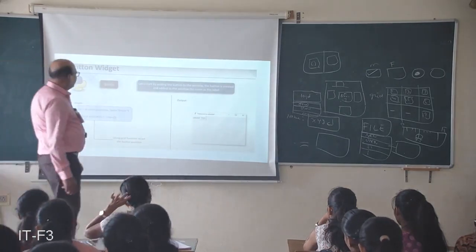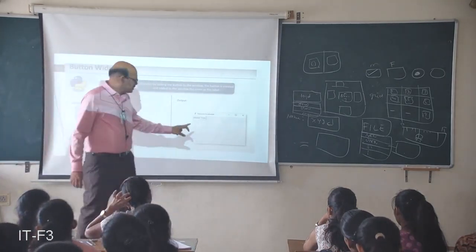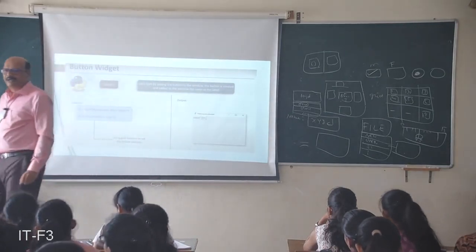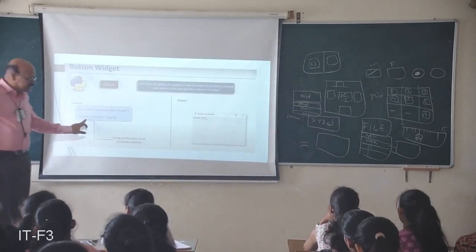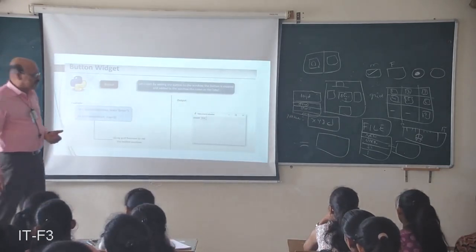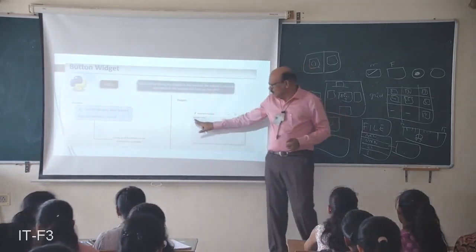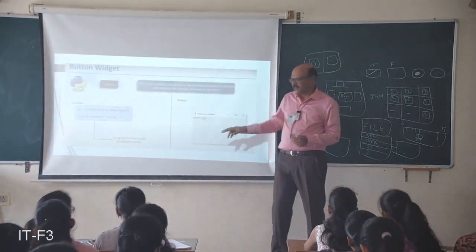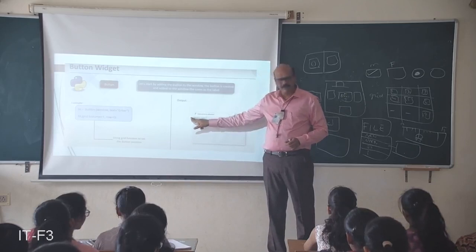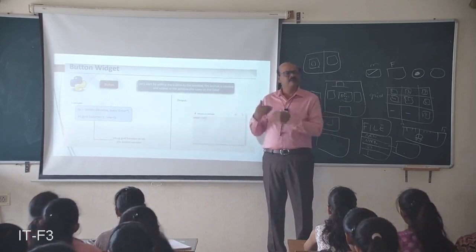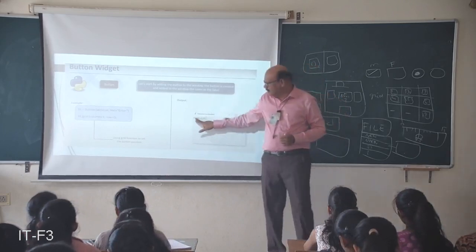Now after this, if you try to place first one label followed by a button, because you are using this grid layout manager, or geometry manager, how does it place the widgets? Row wise and column wise. Take it as 0th row, 0th column. In 0th row, 0th column, first if you add a label, the label will be displayed.